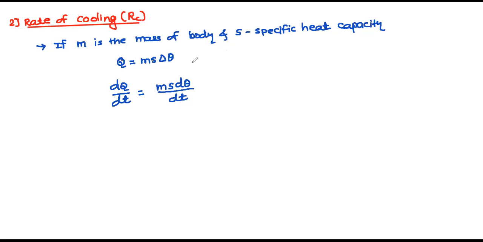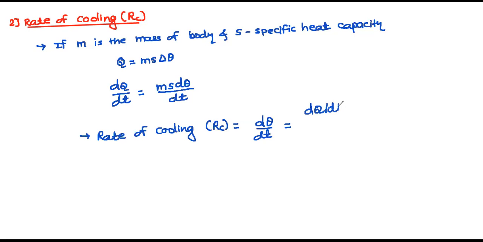Now, rate of cooling is what? Rate of cooling, that is RC, is equal to d theta by dt, which is equal to dQ by dt divided by this ms. Yes or not?